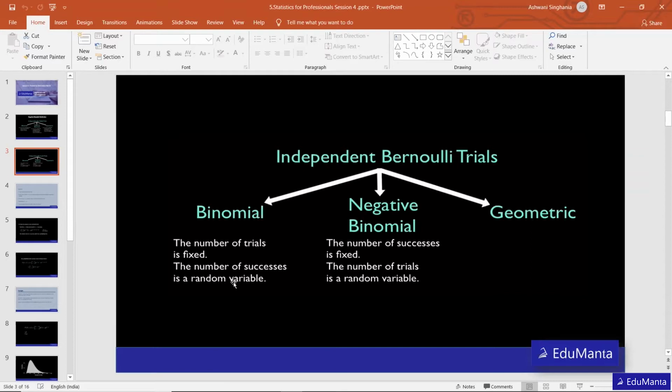The number of successes is a random variable in binomial, whereas the number of successes is fixed in negative binomial. I hope you are clear about the difference between binomial and negative binomial. Once you see a question, you will be able to differentiate which distribution is to be used there.